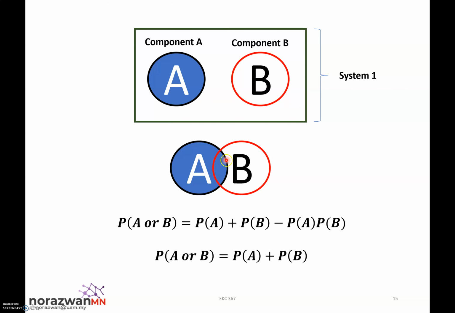PAPB, the overlap area, determines the probability of failure for system 1 if these interact via a parallel interaction. I hope you can understand what parallel interaction and series interaction are.